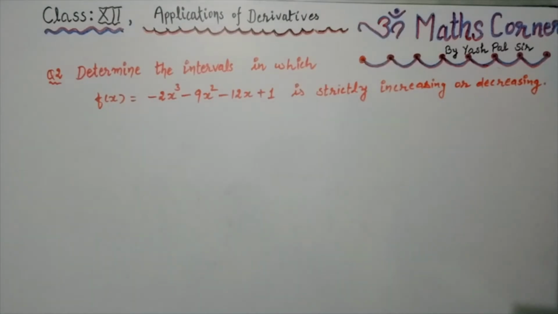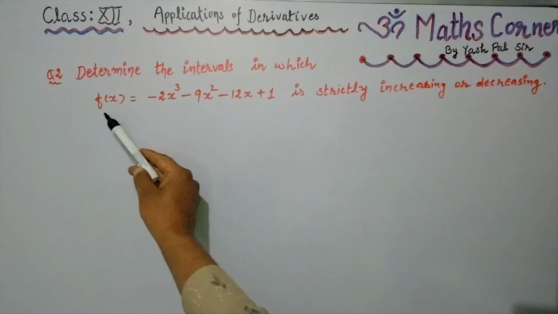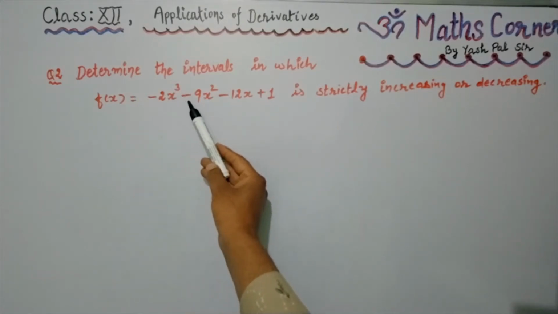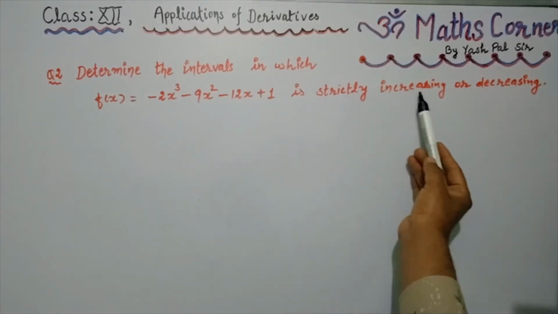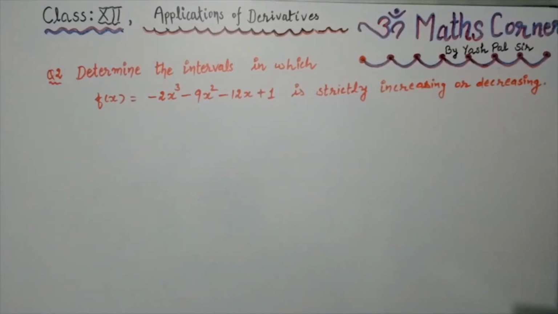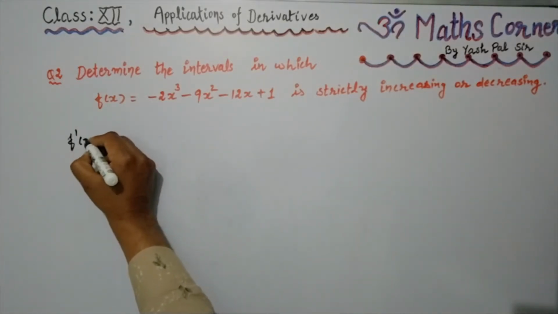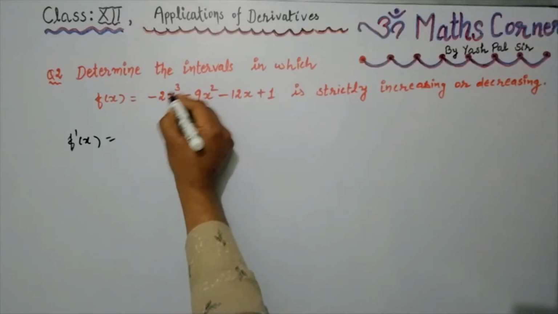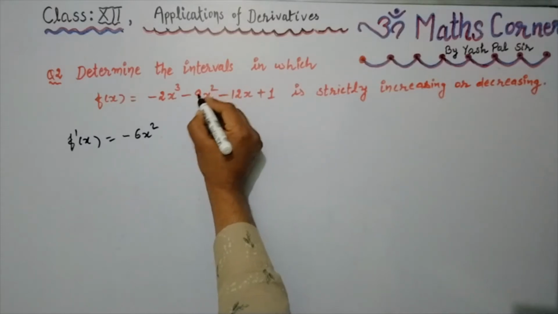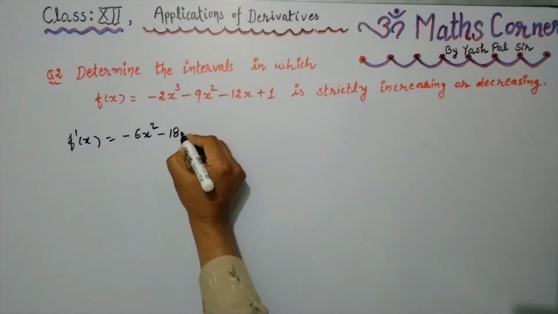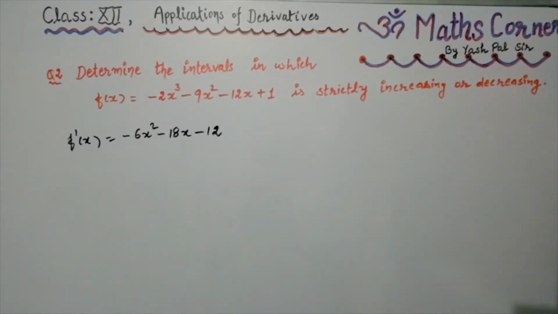Now next question, question number 2. Determine the intervals in which f of x is equal to minus 2x power 3 minus 9x square minus 12x plus 1 is strictly increasing or decreasing. Once again what we do, we find the derivative f dash x. So here this is 3 into 2, minus 6x square, minus 9 into 2, minus 18x, minus 12, right?